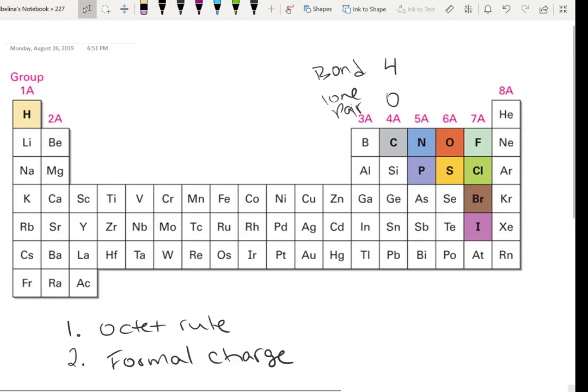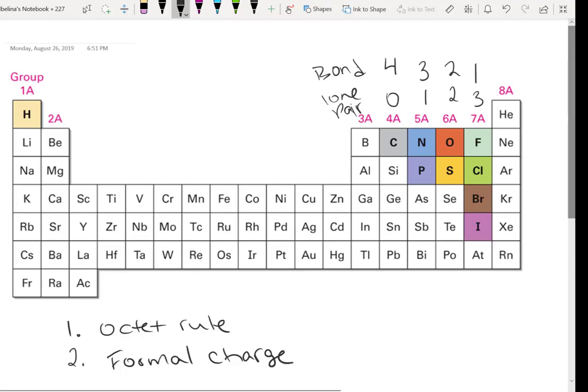Okay, then start counting down from carbon. 4, 3, 2, and 1. Okay? Because each bond gives you 2 electrons, carbon will be satisfied when it has 4 bonds. But nitrogen won't. It only has 6 electrons with the 3 bonds, so then it should have 1 lone pair. Oxygen, 2 lone pairs. The halogens, 3 lone pairs.